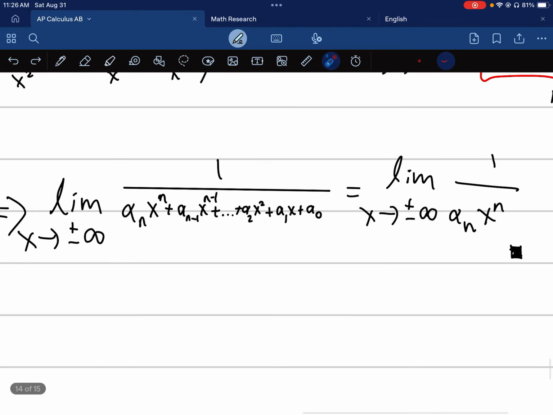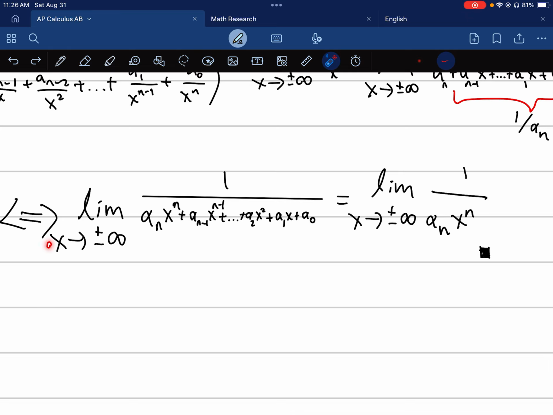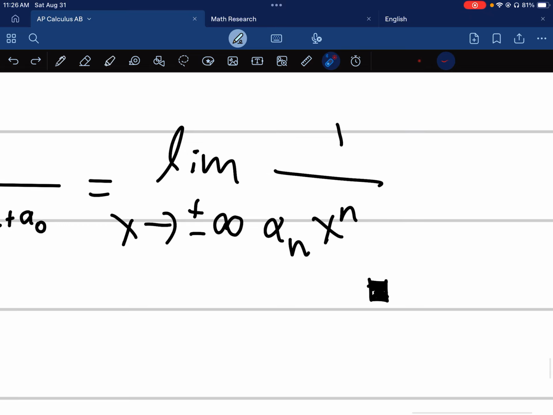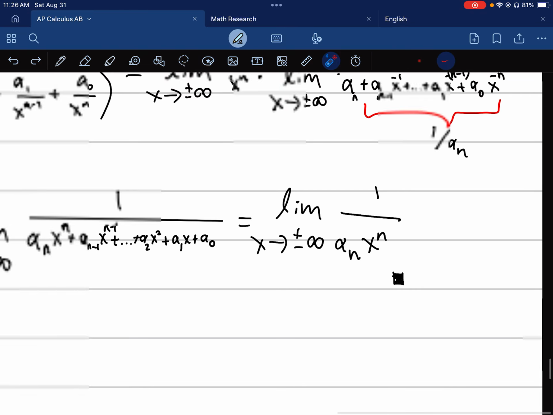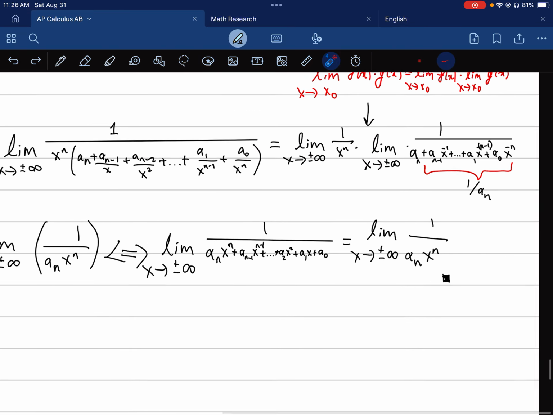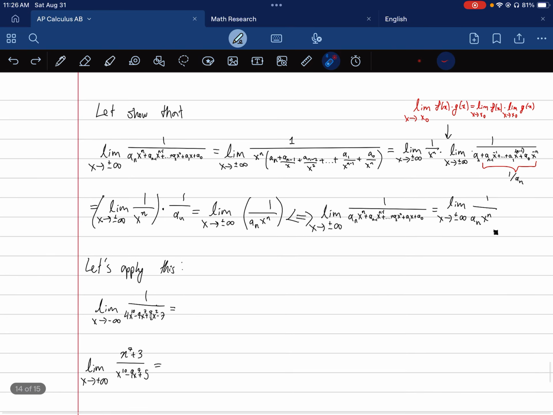In other words, this holds true. So whenever taking the limit at either plus or minus infinity, the only term that is going to affect it is the leading term.